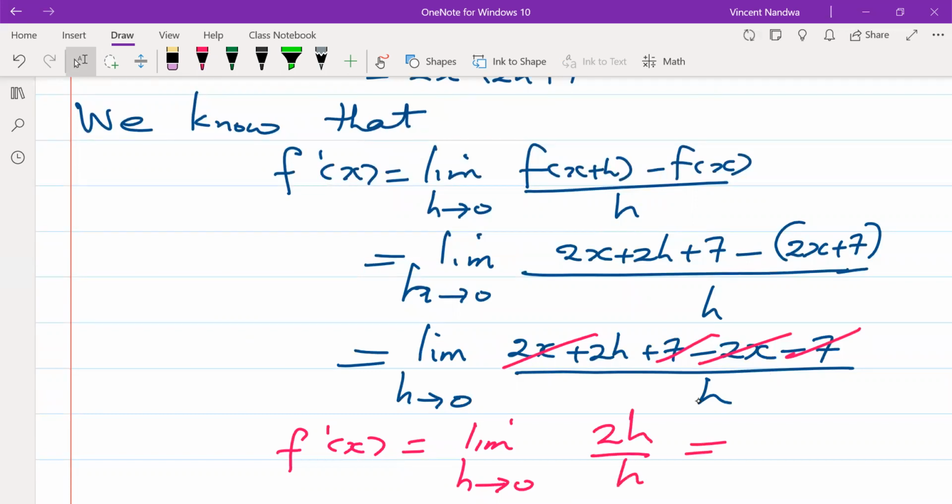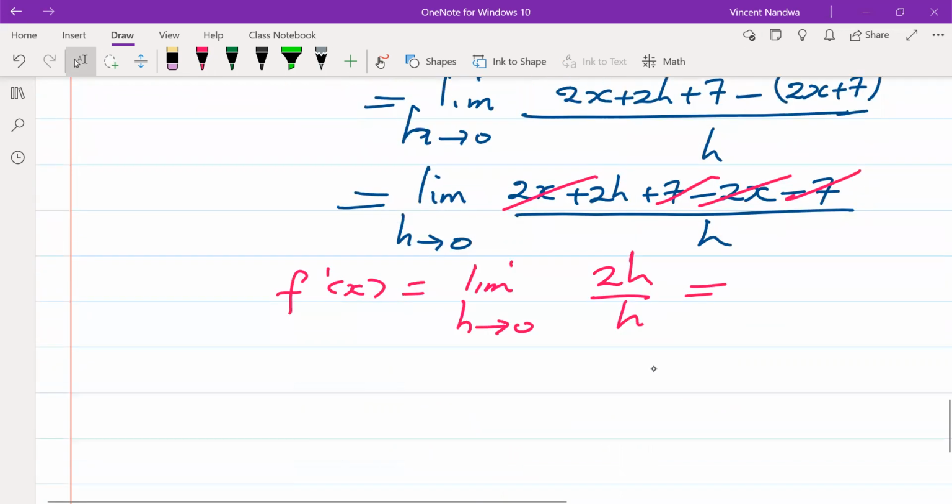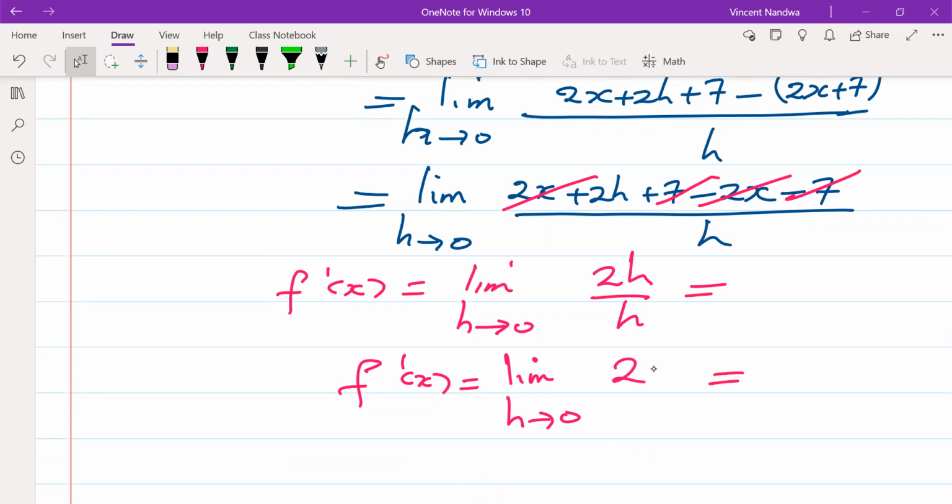What is 2h over h? 2. So f prime of x will be the limit as h approaches 0 of 2. And what do you get? 2. Yeah, the limit of a constant is a constant. The limit of a constant is always the same constant, regardless of what the variable is approaching. So that's the answer to that question.